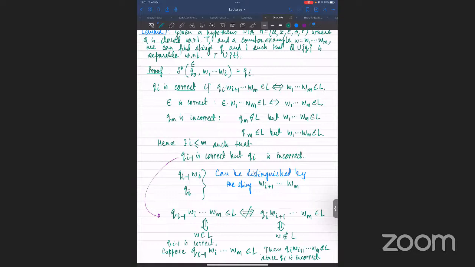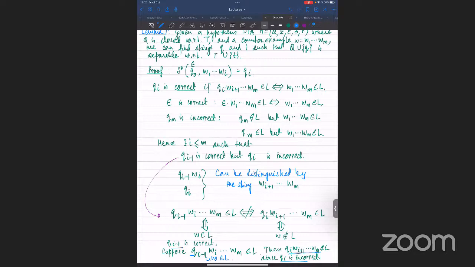Because if this is correct, then W has to belong to L, since Qi minus 1 is correct. And since this belongs to L, then W has to belong to L. Now, since Qi is incorrect, this cannot belong to L. Otherwise, if this had been in L, then Qi would have been correct, right? So Qi followed by this suffix cannot belong to L, correct?